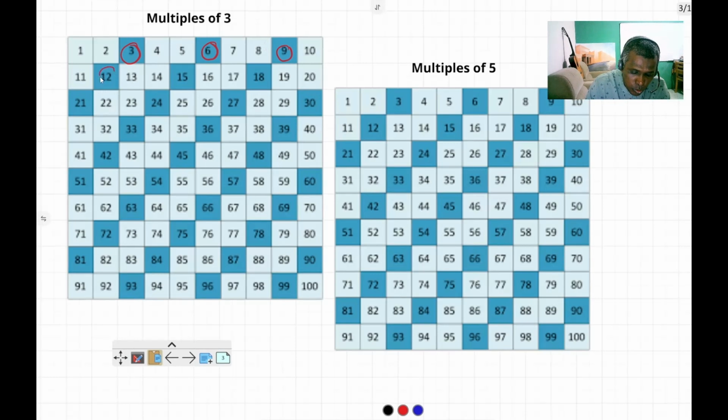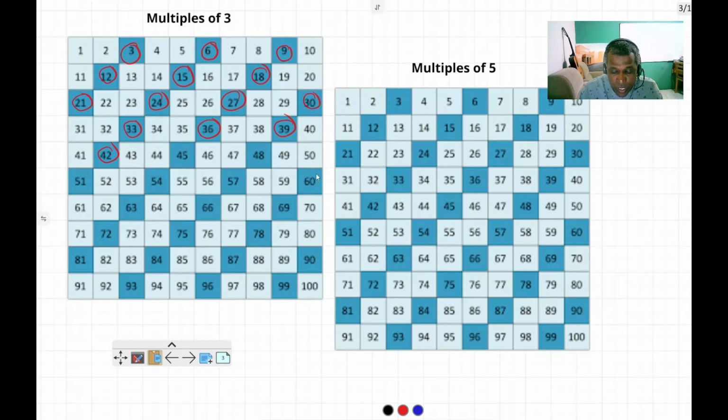Next is 12, 15, 18, 21, 24, 27, 30, 33, 36, 39, 42 and many more. That means all the multiples are there, but it is not going to end. It is moving.